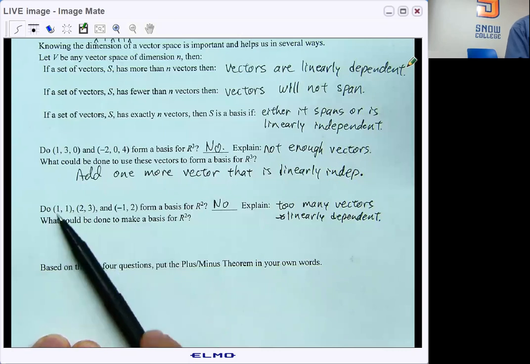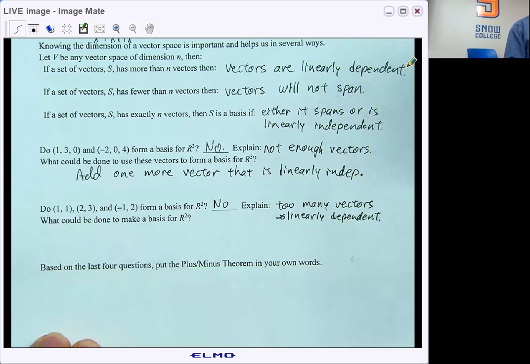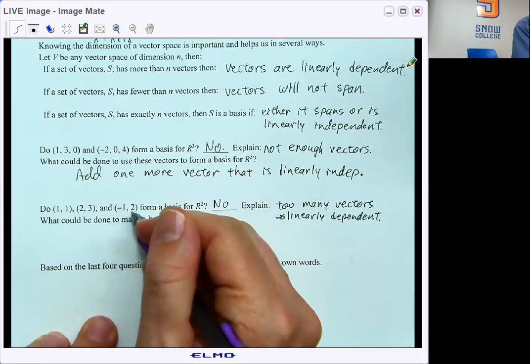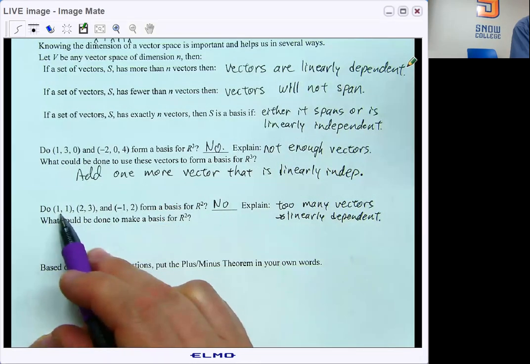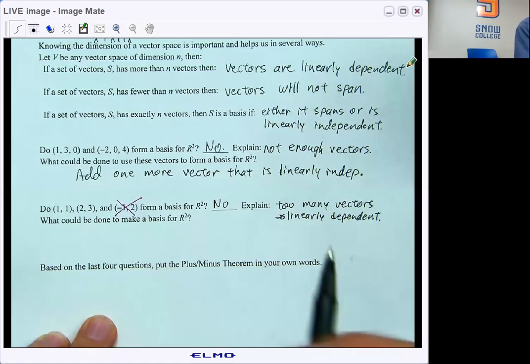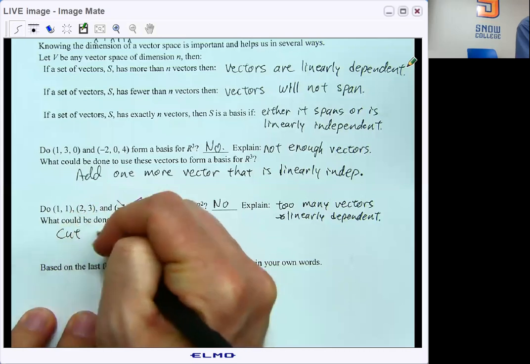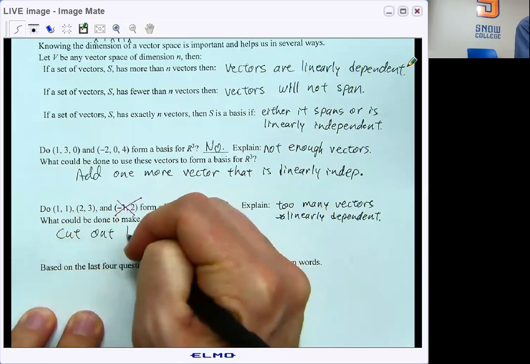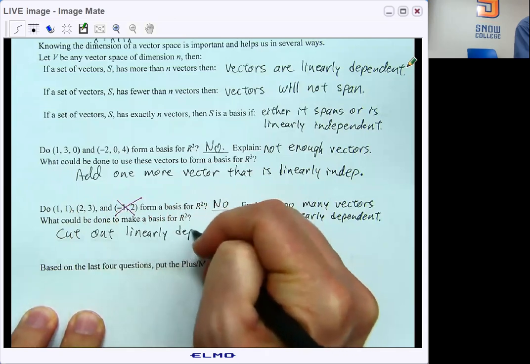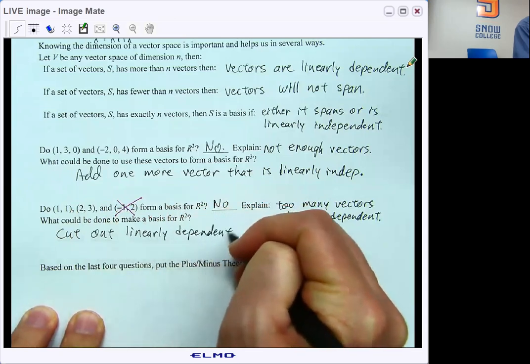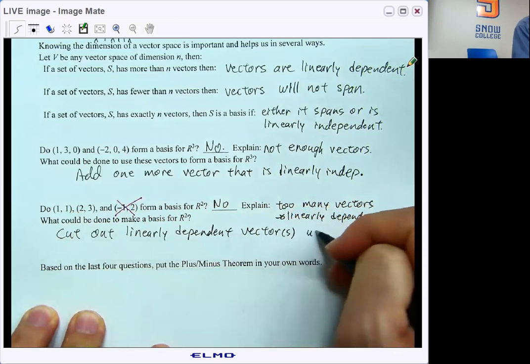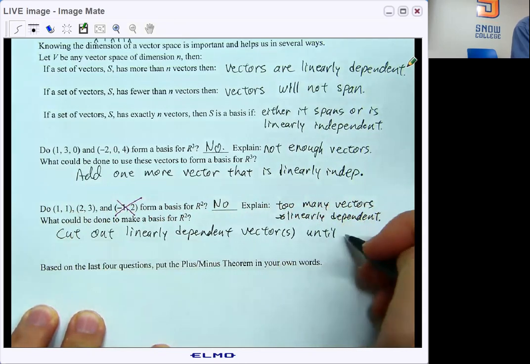And if you can do that, then that one vector you can throw out as unnecessary. For example, I could show that negative 1, 2 is a linear combination of 1, 1 and 2, 3. So I could cut out the linearly dependent vectors until I get down to a basis.